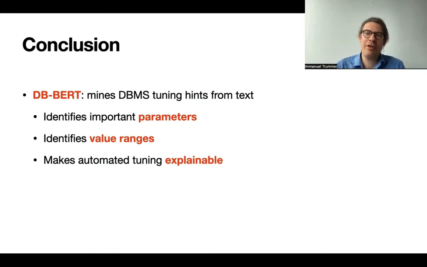And perhaps most importantly, this makes database tuning explainable because users can access the text snippets that have motivated DB-BERT to try out specific parameter settings and thereby gain some insights into why the proposed settings improve performance.